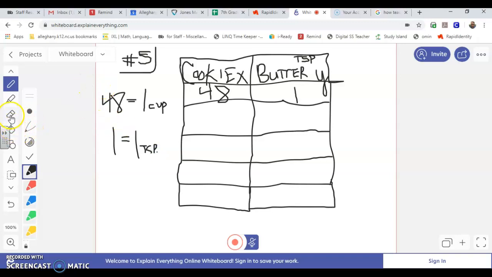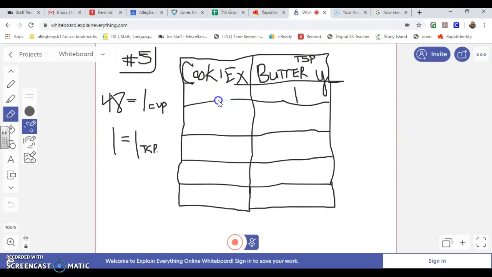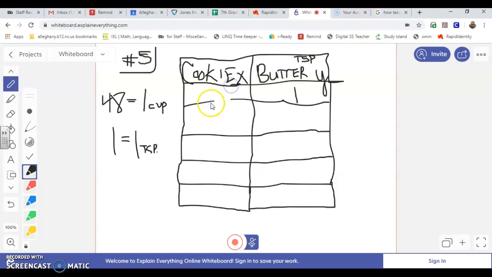So I'm going to take my little eraser guy, and I'm going to get rid of 48. Alright, so now that makes this a lot easier. For every cookie, you have 1 teaspoon of butter. Well, that's awful handy. So now, I'm going to fill in what they gave us. And that's going to make everything so much easier.